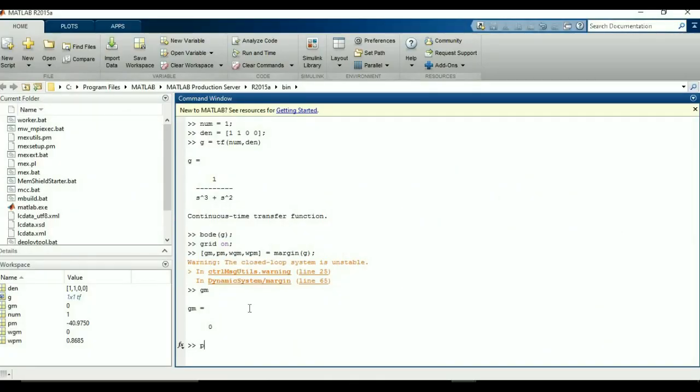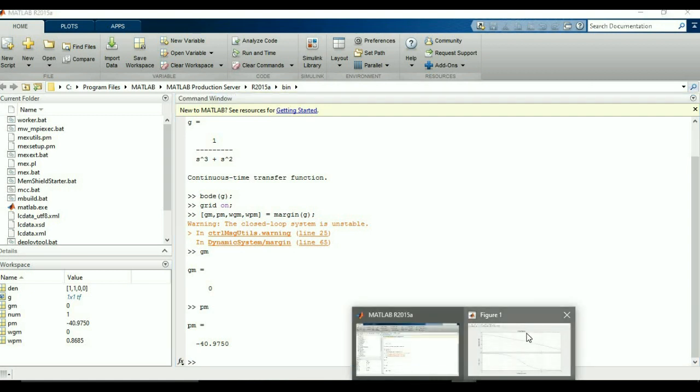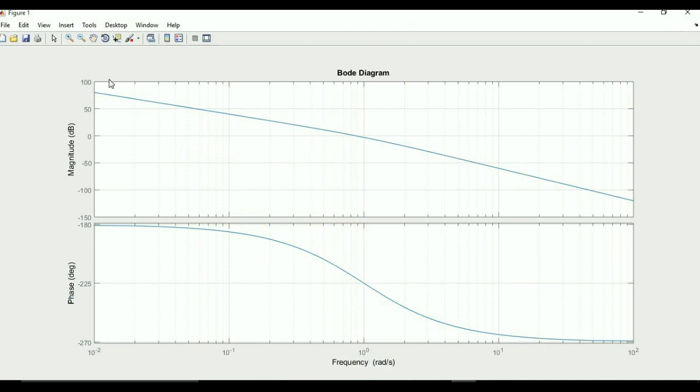Now see the phase margin, and it is shown here as minus 40.975 degrees. Now check it in the figure. In this figure you can see the zero line is crossed here, so it is almost zero, and the frequency is here 0.855.